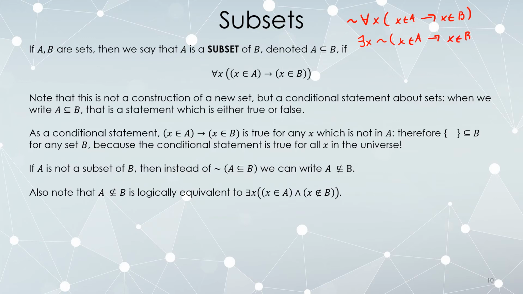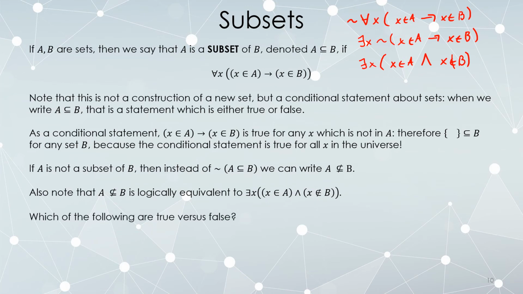But a false conditional statement is logically equivalent to a true hypothesis and a false conclusion. So to say that A is not a subset of B is to say there is something in the universe that is in A and is not in B.